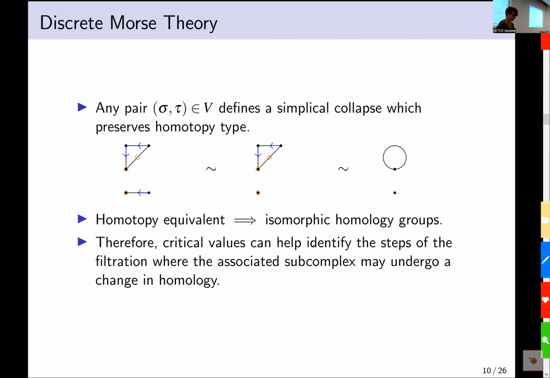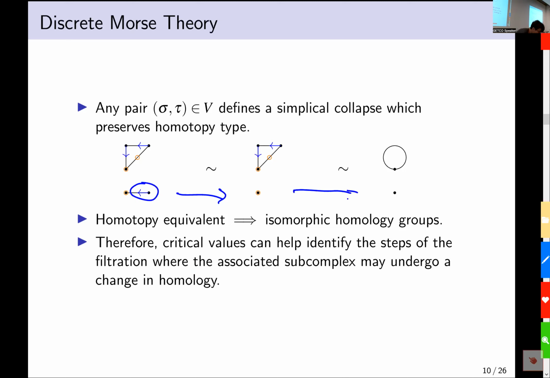As mentioned earlier today, from this gradient vector field, we can construct a sequence of simplicial collapses so that the cell complex contains fewer cells. For example, in this step, we can collapse this pair.